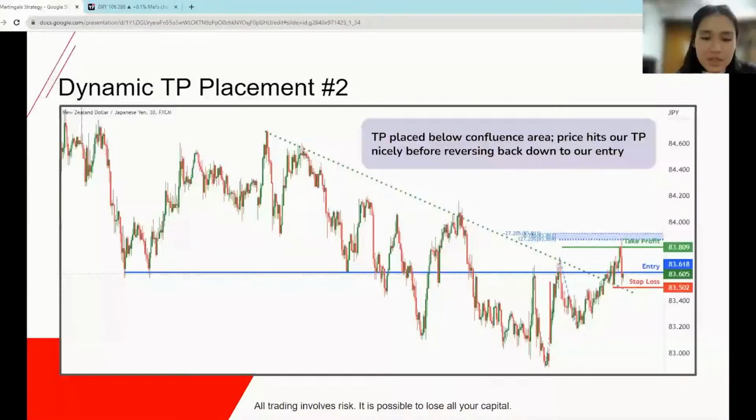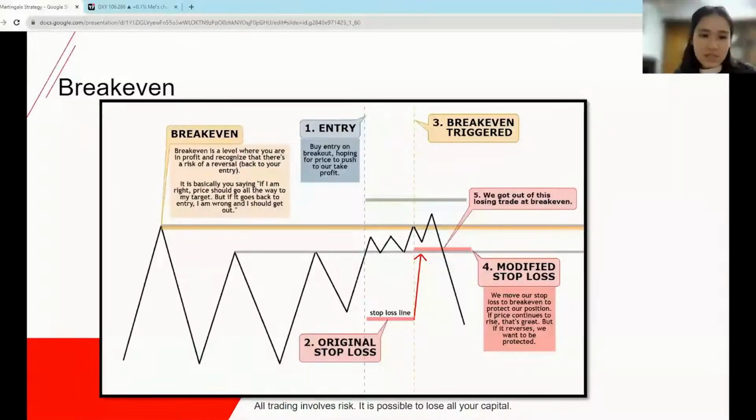Next, let's take a look at break even. This is kind of the entire concept of the martingale strategy. It's basically to allow you to reduce your losses and just break even, maybe not even take a look at the profit, since profits are about the same value as your initial amount.